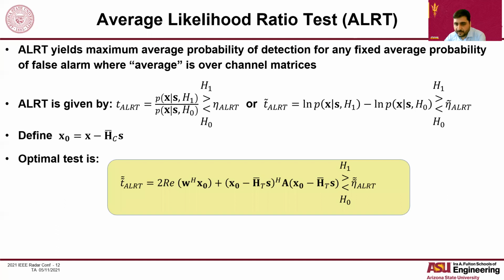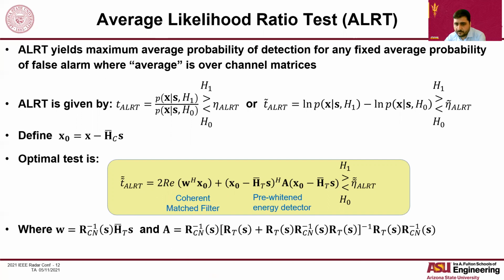The final form of the LRT-based test statistic consists of two parts: a coherent match filter and a pre-whitening energy detector. It is interesting that the ALRT tells us to add these two different detectors together. The expressions for the vector W and matrix A are shown over here.